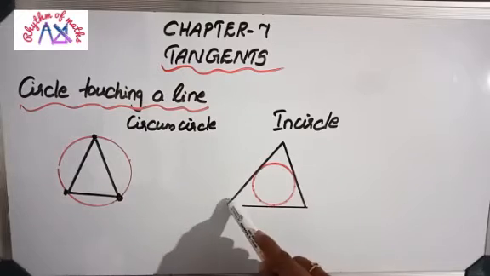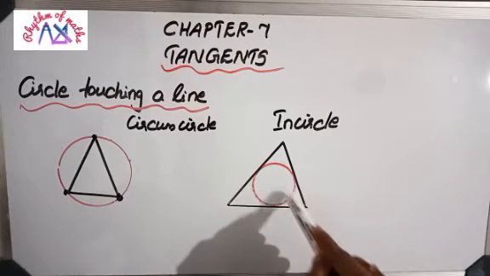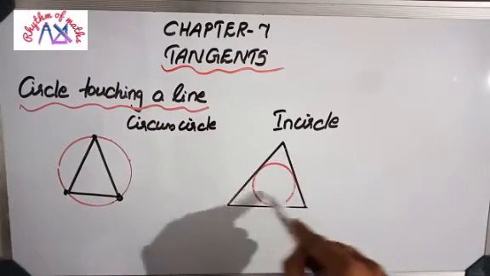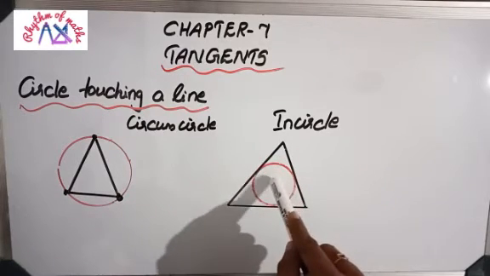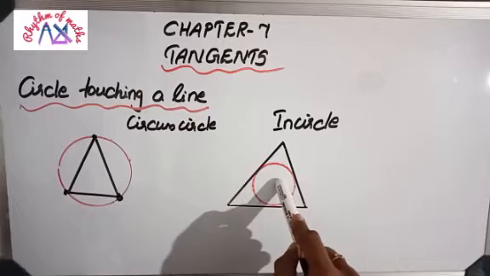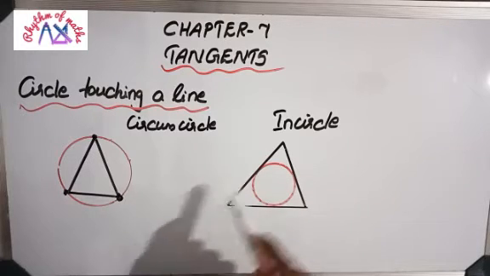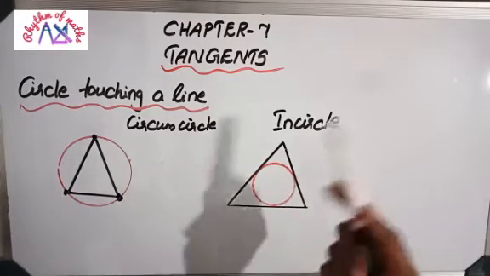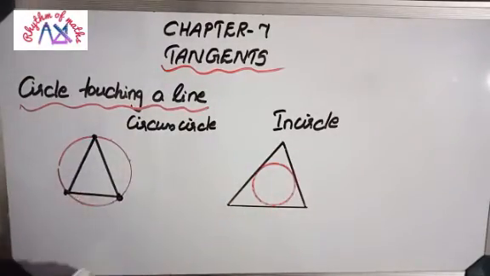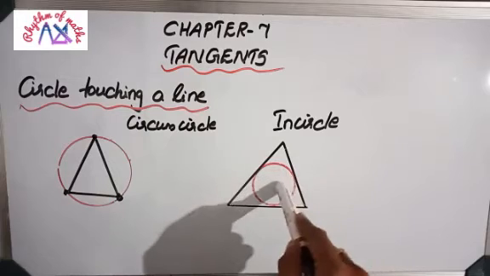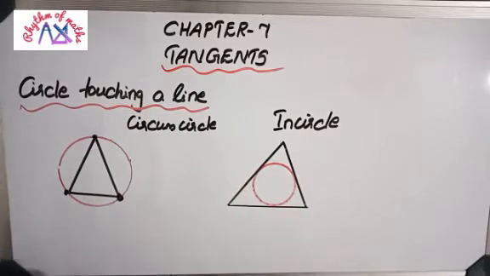All these three angles' bisectors will meet at a common point. That point will be the center of the circle. So that is incircle, and I will explain the method in detail when we do the first problem based on this.